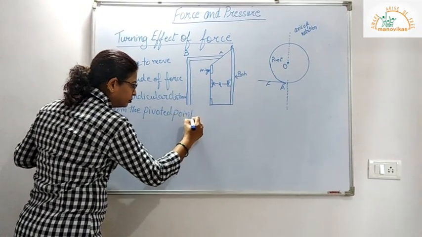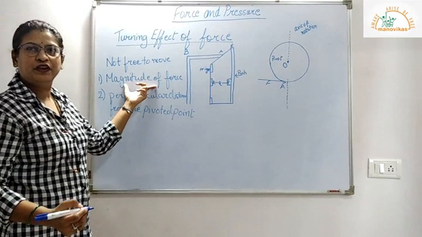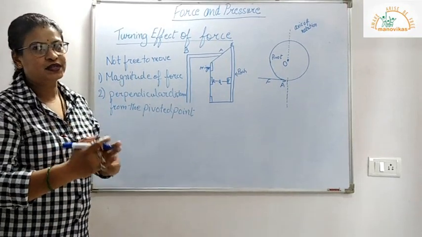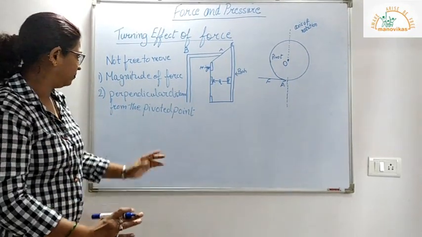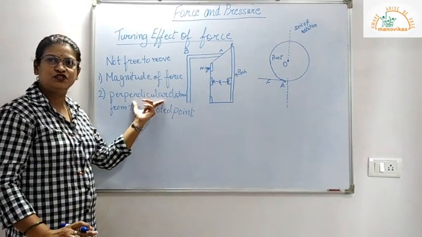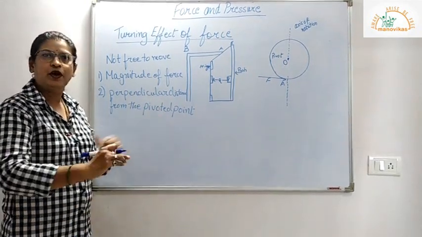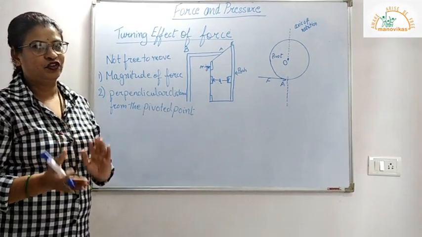The more the magnitude of the force, the more is the turning effect of the body. The more the perpendicular distance from the pivoted point, the more is the turning effect on the body.